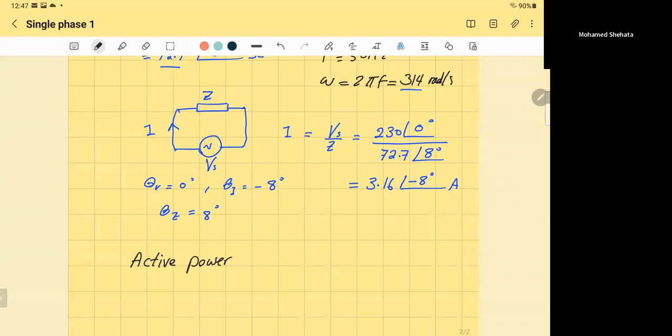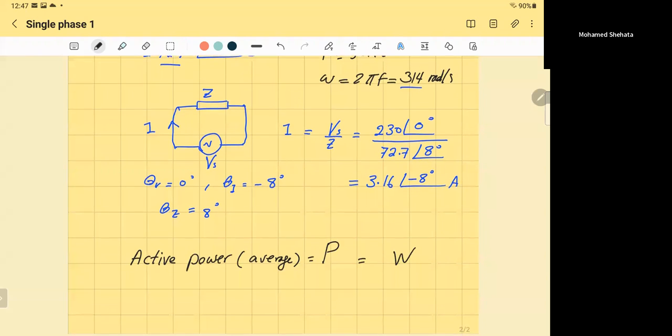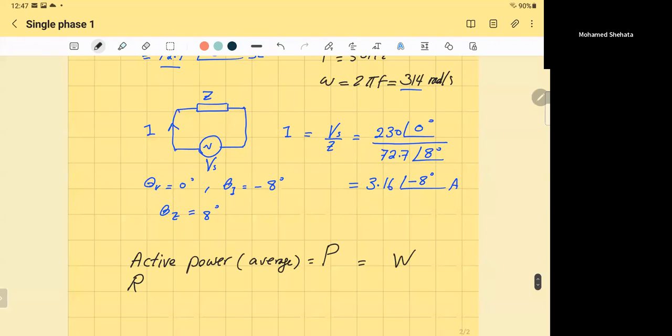So when you hear the word average, it means active, and it's P and the unit is watt. That's active power. And the other one, reactive power, and we call it Q, and the unit is var, volt-amp reactive. And the last one, apparent power.